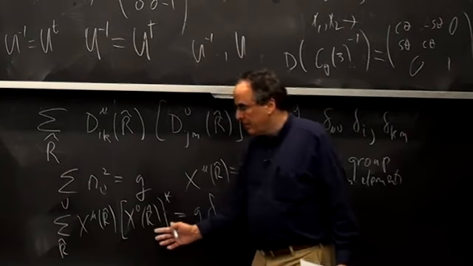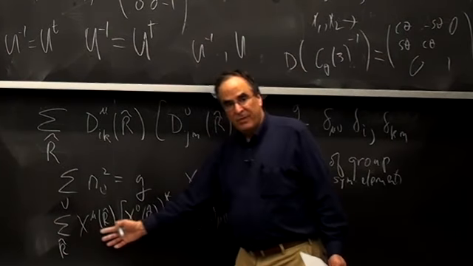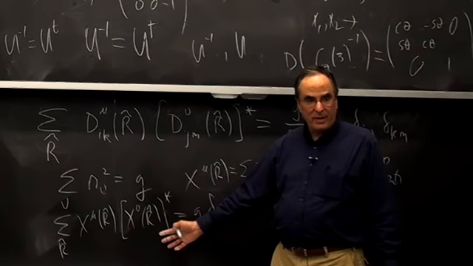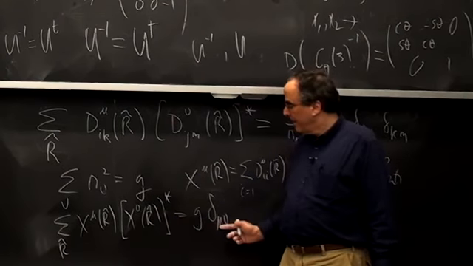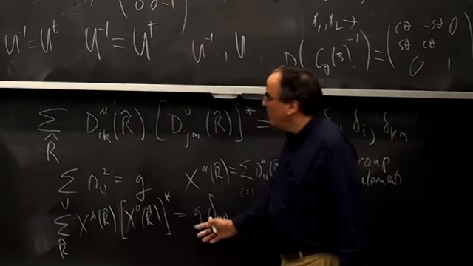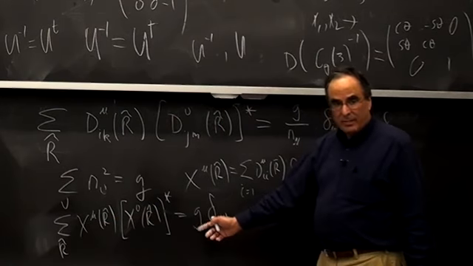So these characters are sort of a generalization of vectors. These characters are orthogonal because of that. And when you sum over the symmetry elements, you get g.